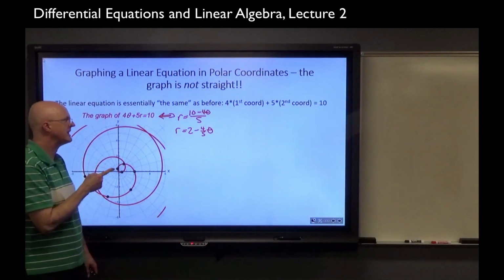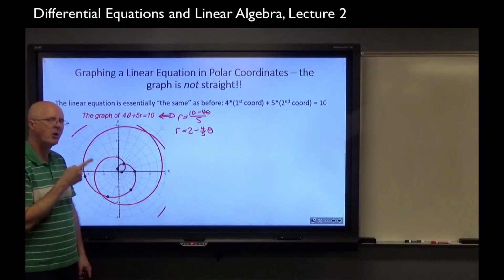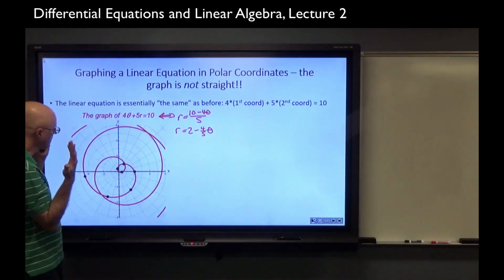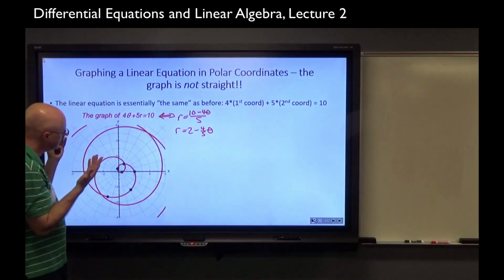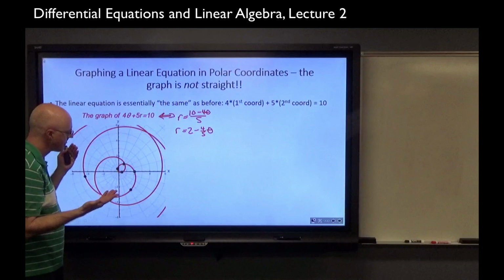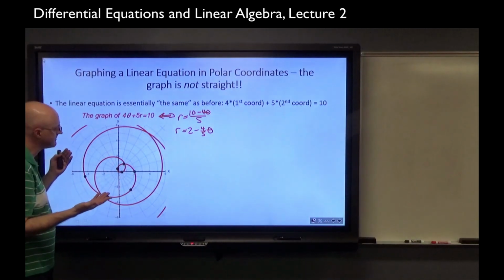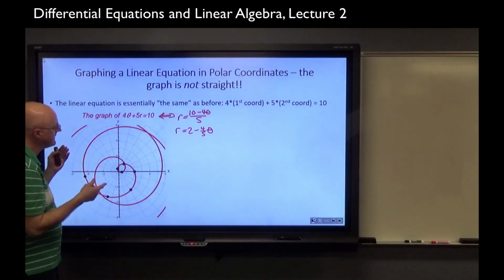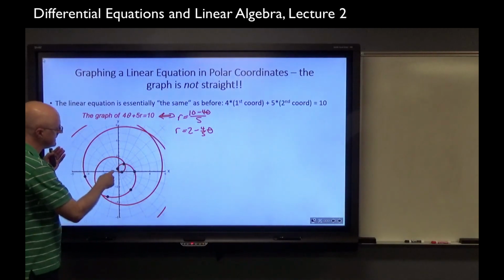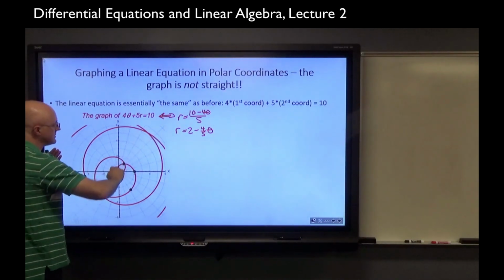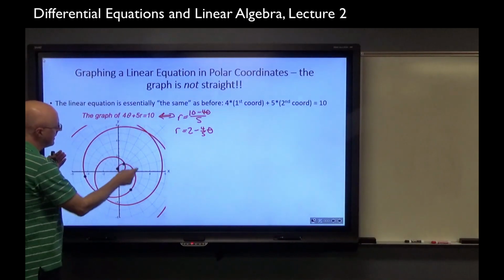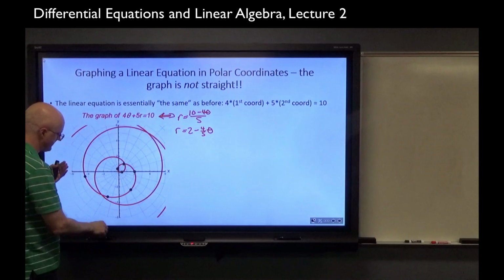But I'm imagining r and theta as being polar coordinates of points now, based on this polar graph paper you see here. I have the x and y axes in there for reference sake of a rectangular coordinate system. But the more important lines and curves to see here are these radial lines, these rays coming out from the origin, and these circles of different radii centered at the origin.